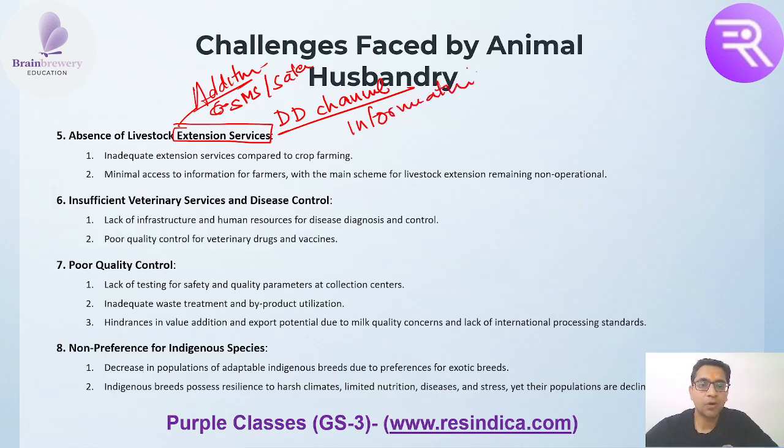So there are a lot of issues related to the extension services for the livestock. Okay, information is not being provided properly, like which market, what is the cost and what is the pricing. So there are a lot of non-operational things in this whole sector.